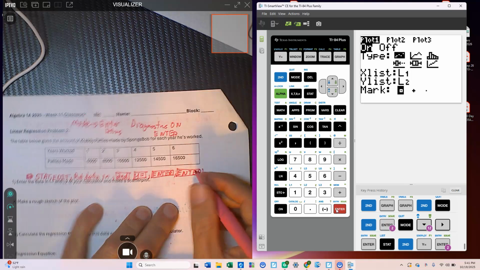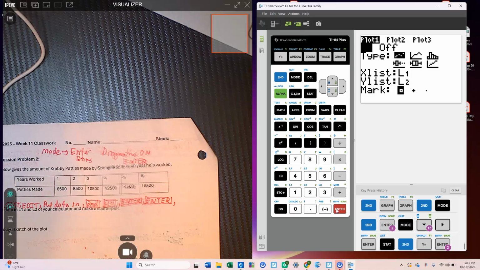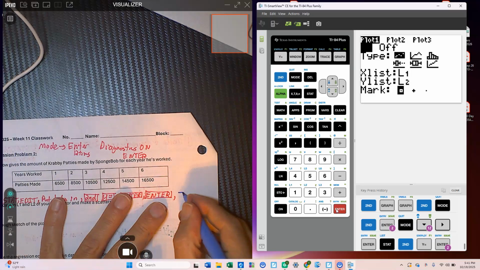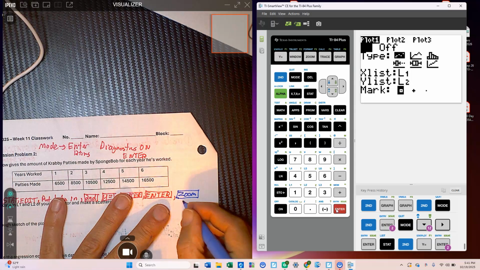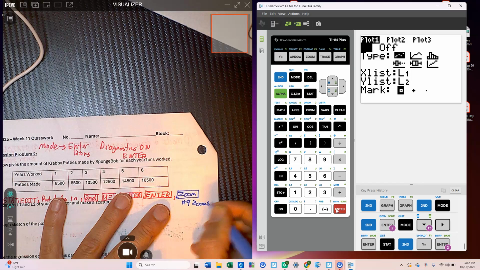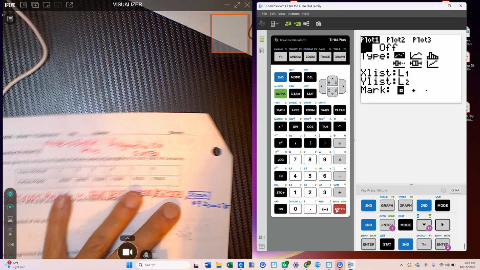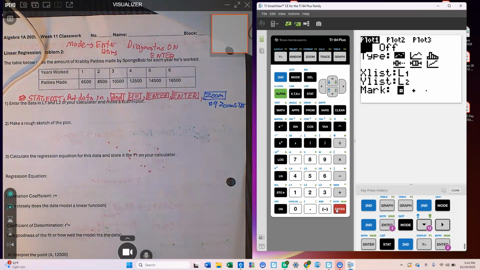Then you go zoom. Then you go zoom stat. Okay. Stat edit, put data in. Second y equals enter, stat plot.